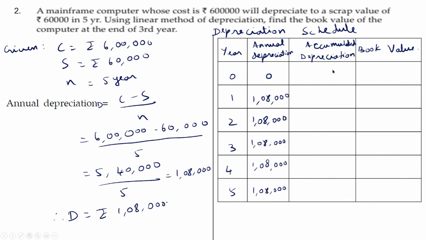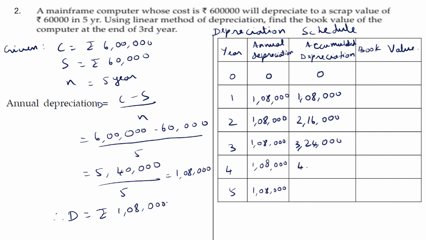Next we have the accumulated depreciation. At the beginning of the first year it is 0. Then at the end of the first year we have 1,08,000. Then 1,08,000 plus 1,08,000 is 2,16,000. Next 2,16,000 plus 1,08,000 is 3,24,000.